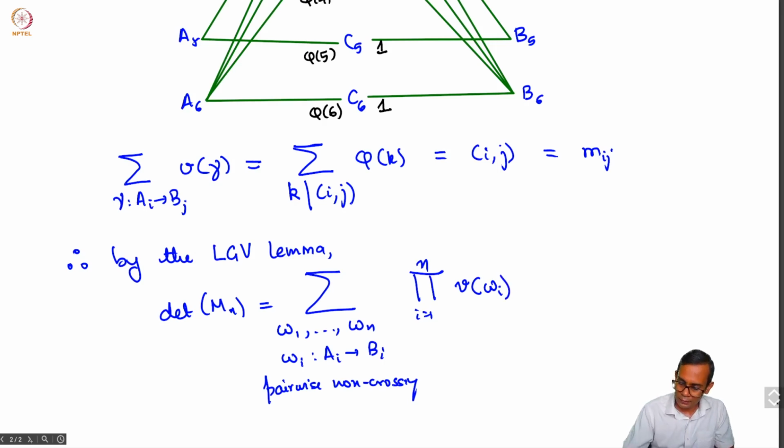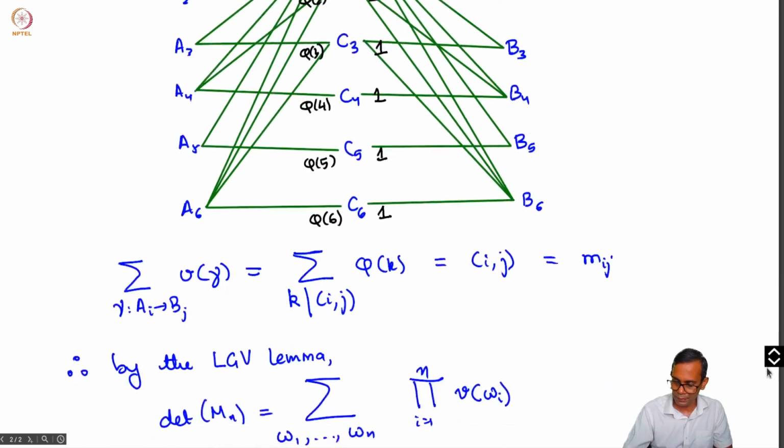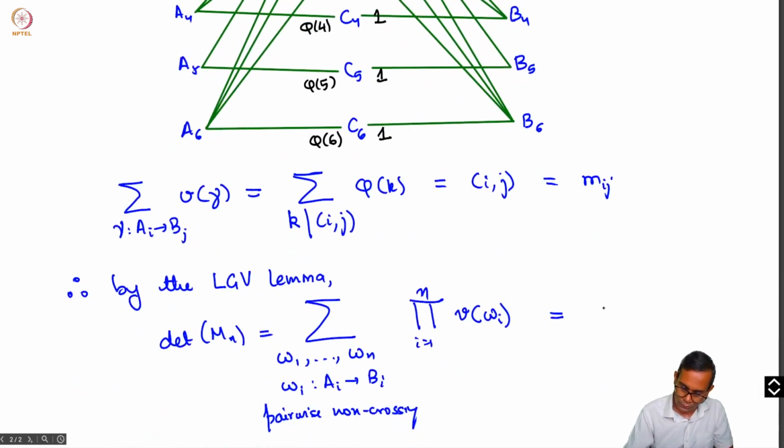In this case, the only possibility is that you have the paths that go horizontally, and so this is going to be just the product, i goes from 1 to n, of phi of i.